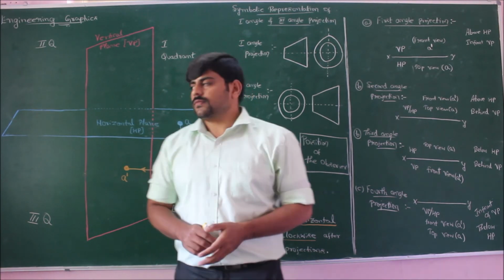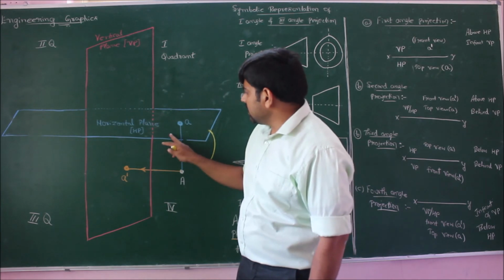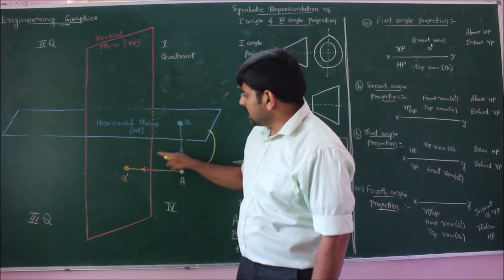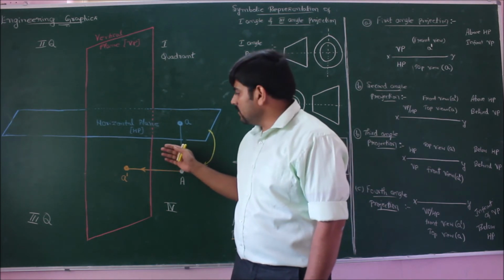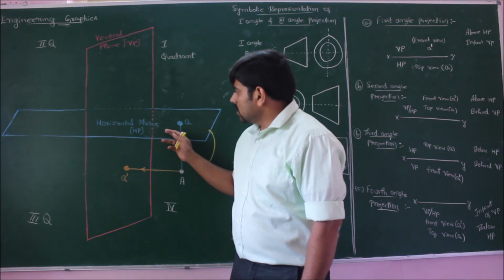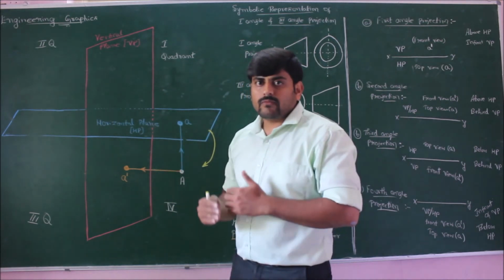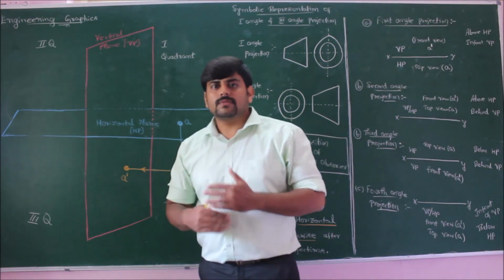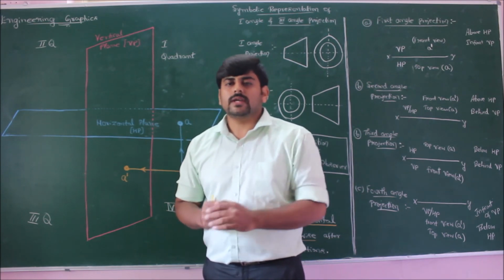If you clearly observe, the angle between the front view and the top view is 90 degrees. If I plot the side view, then the side view will make 90 degrees with the top view and also 90 degrees with the front view. So whatever views you draw, these views will make 90 degrees to each other. Hence the name orthographic projection.